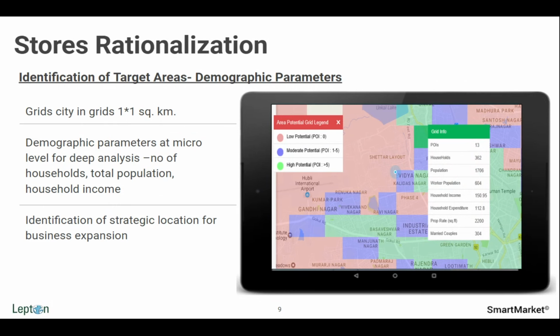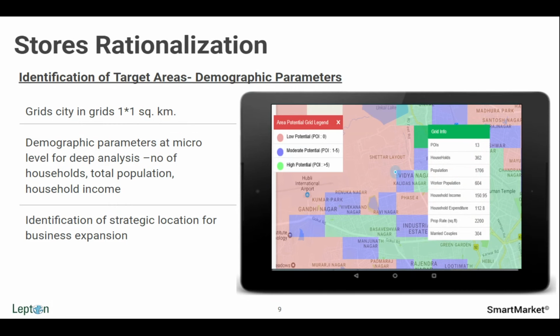So this depicts the whole city divided into grids of 1 by 1 square kilometers, and then different data parameters like number of households, amount of population, amount of working population, and the affluence factor. All these grids are categorized on the basis of business potentiality.